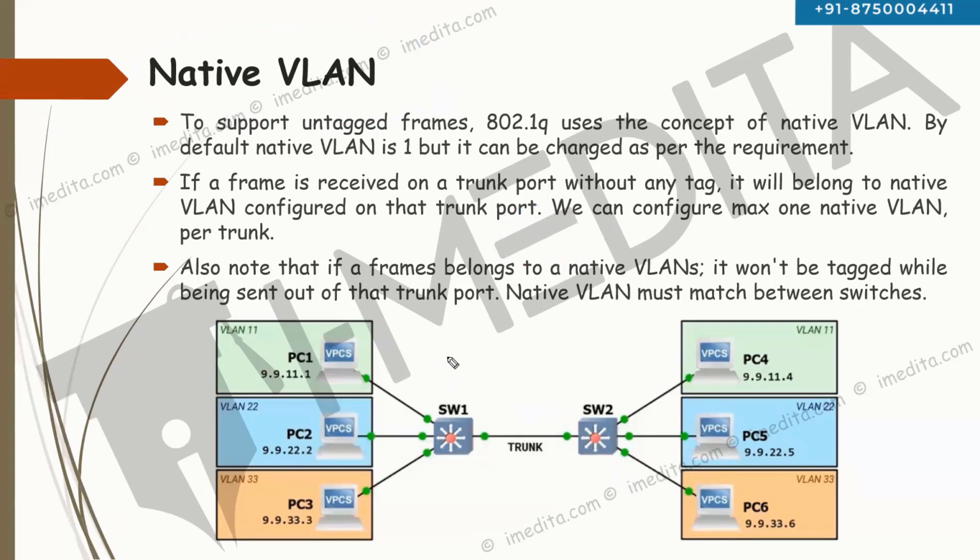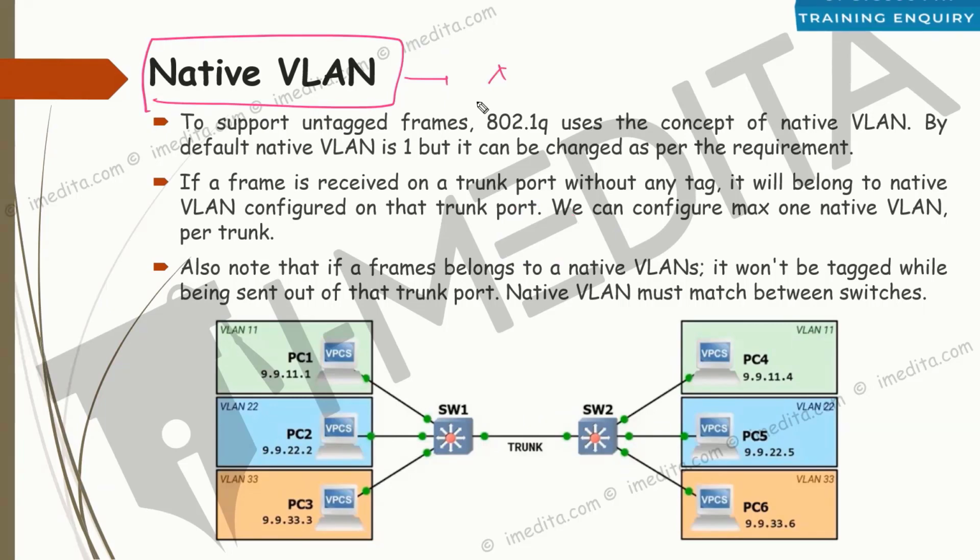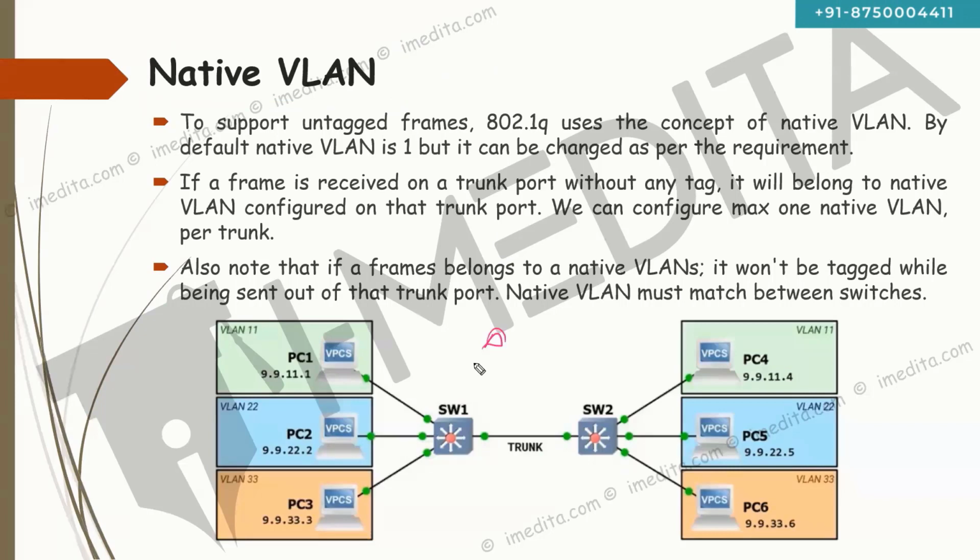But there are some types of traffic in our production environment for which I do not want to perform tagging, such as our voice traffic. When you study voice video, collaboration, voice packets, those voice packets are very small packets, which I do not want to be overloaded with even that 4-byte long tag.